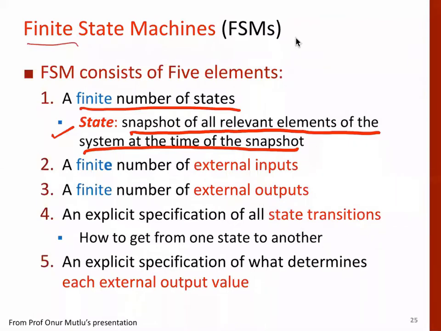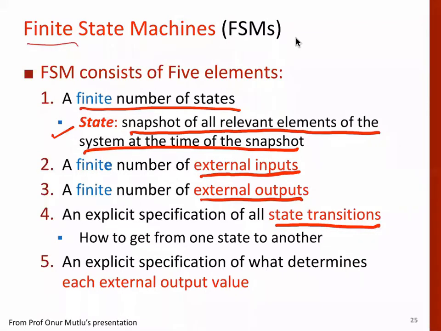Another important point here is that it has a finite number of external inputs, something that's coming to the FSM, and a certain number of external outputs, and then we have to define how state changes happen from one state to another state. So, for example, in the case of a processor, state change happens because of execution of the next instruction. So every instruction execution changes the state of the machine, the FSM.